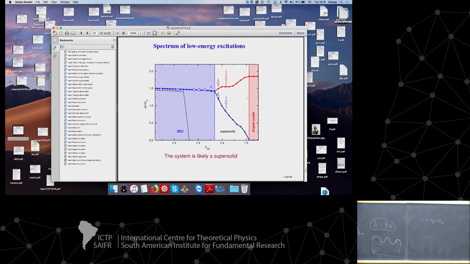Because experimentally, people apply an electric field in order to polarize a heteronuclear molecule, and these are electric fields of, let's say, 20, 30 kilovolt per centimeter.